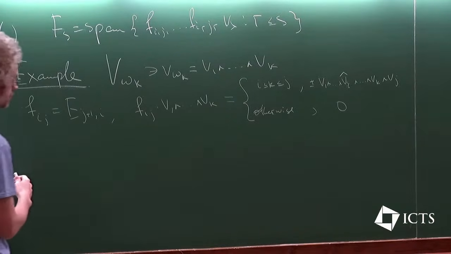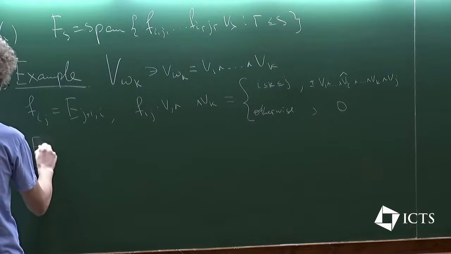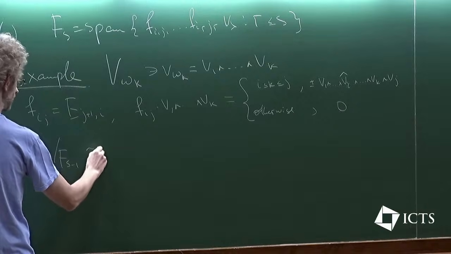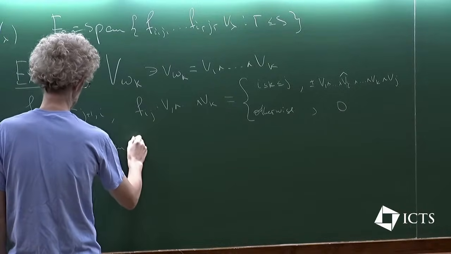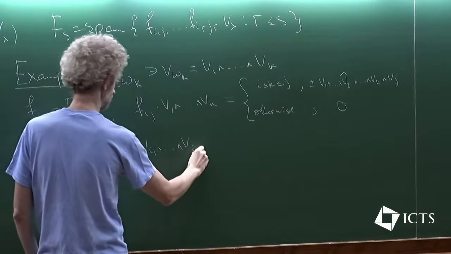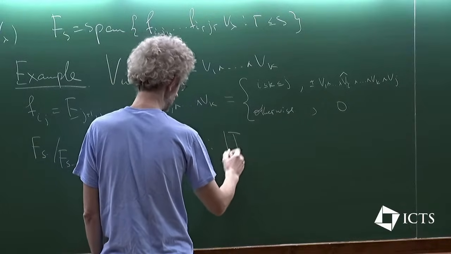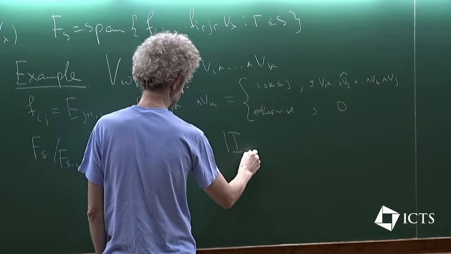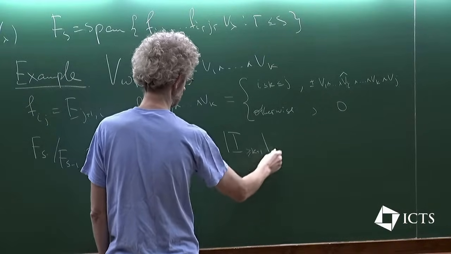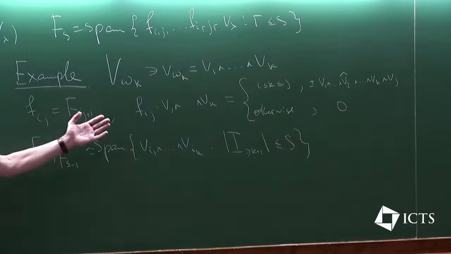Now let us see what's going on when we are passing to the graded algebra. We've seen that F_s modulo F_(s-1) is identified with the span of those wedge products v_(i1) up to v_(ik) such that the number of elements in I which are greater or equal than k+1 is exactly s. What does our operation do?